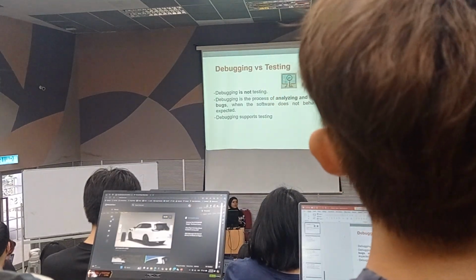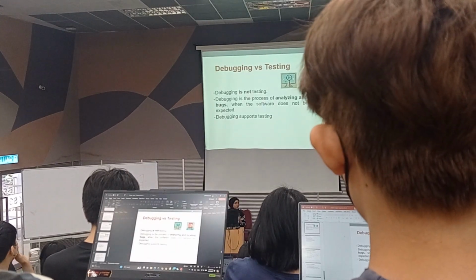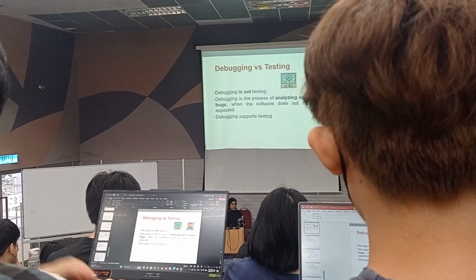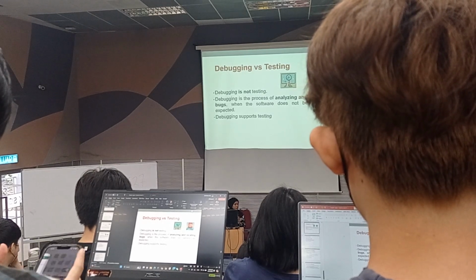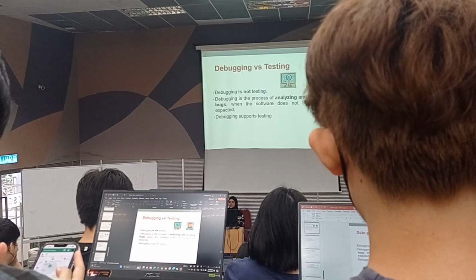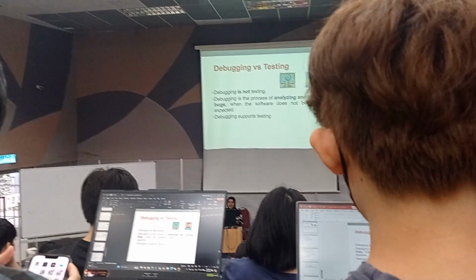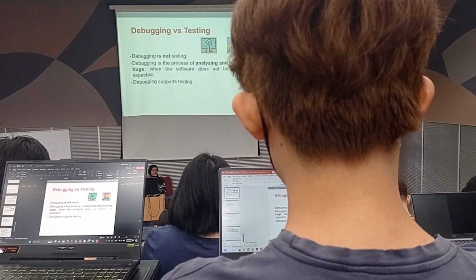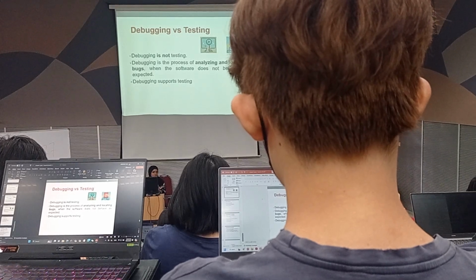Remember, our aim is that we want to identify the defect so that we can fix it when we are passing the software to the client, so that there will be no issue after that. So when we say testing, it means we want to identify the defect, and when we say debugging, it means we want to analyze the root cause of the defect to fix it, to repair it.